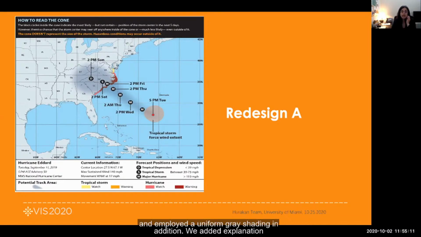In addition, we added an explanation above the map that expands on the label of what the original NHC cone of uncertainty contains. Colors for watches and warnings were also changed to a sequential color palette ranging from light yellow for tropical storm watches to dark red for hurricane warnings. We also added contextual explanations of map abbreviations such as M for major hurricane.